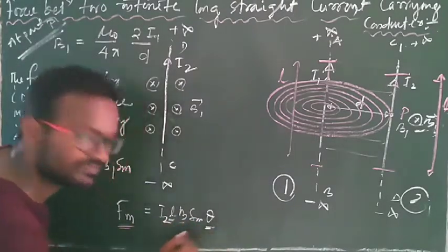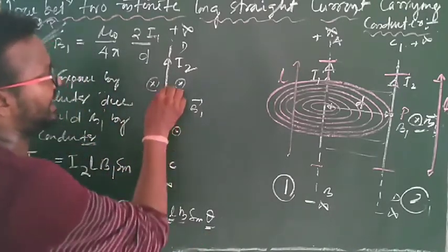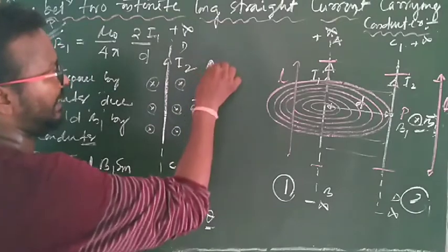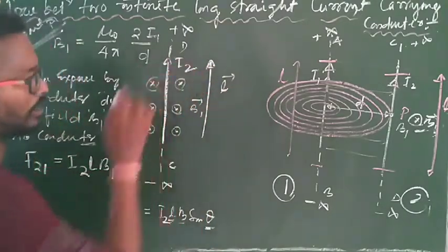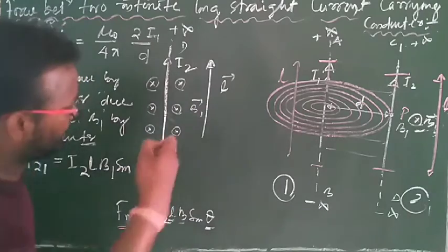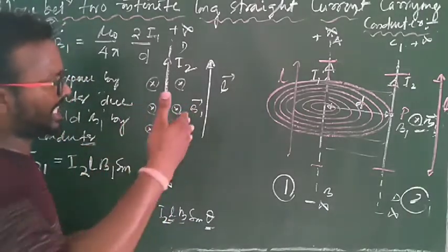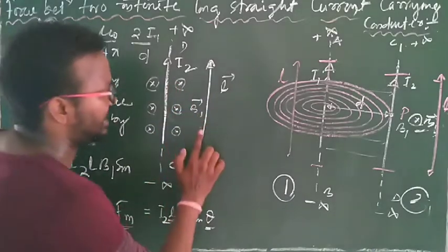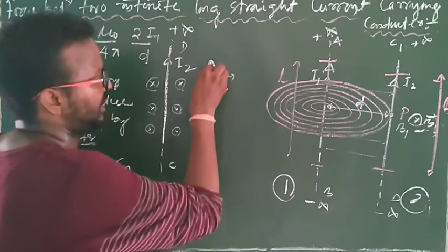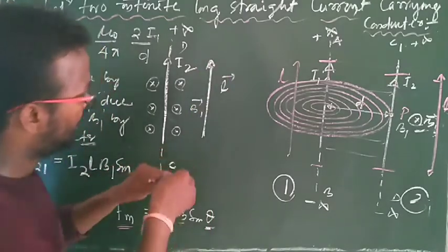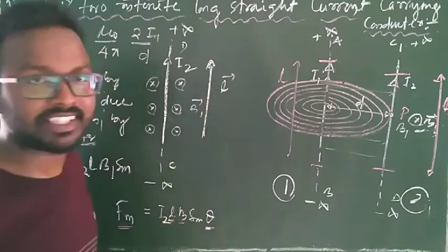What is theta? Theta is the angle between the current element or length element and the magnetic field. This is the direction of length, because the direction of length is always the direction of flow of current, and this is the direction of magnetic field, which is inward. So the magnetic field is inward and L is in this direction, so the angle between them is 90 degrees.